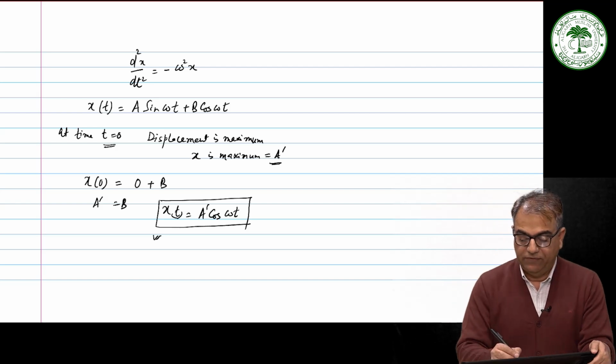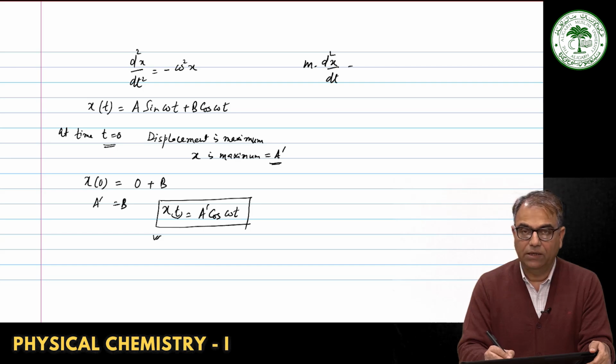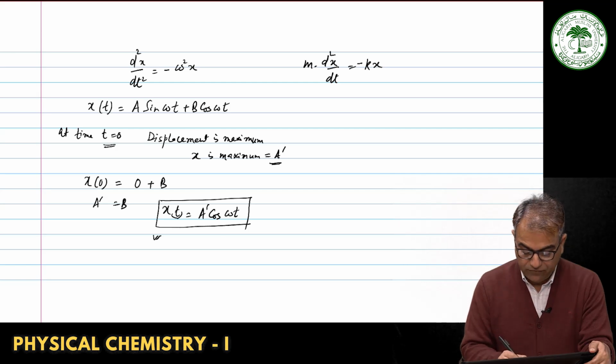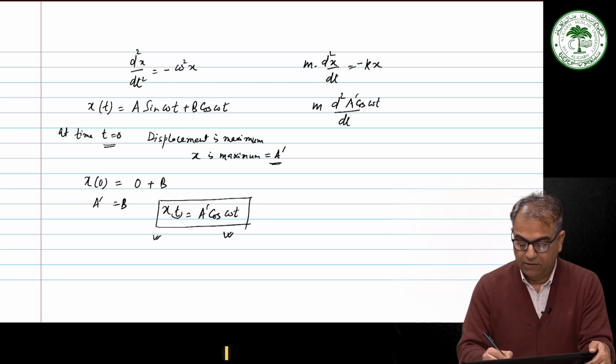So, what we know, the original equation was m into d square x by dt square is equal to minus k into x. If we put this value of x in this equation, then what do you get? You get d square A prime cos omega t by dt square, and then you get minus k into x.